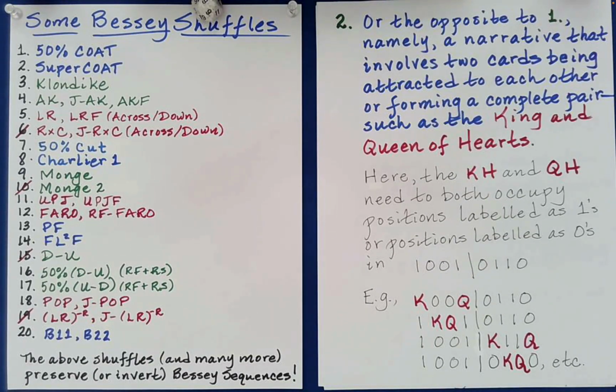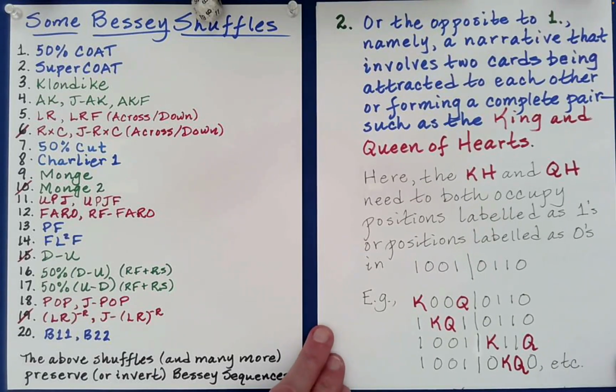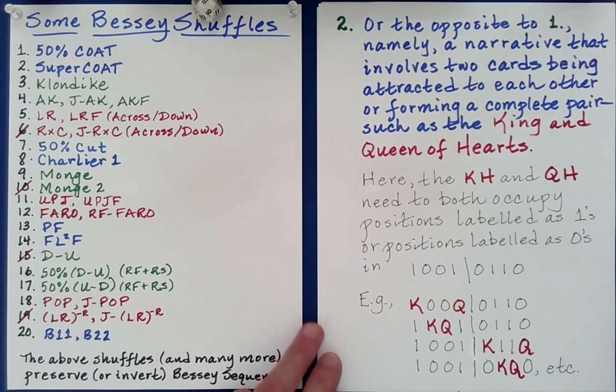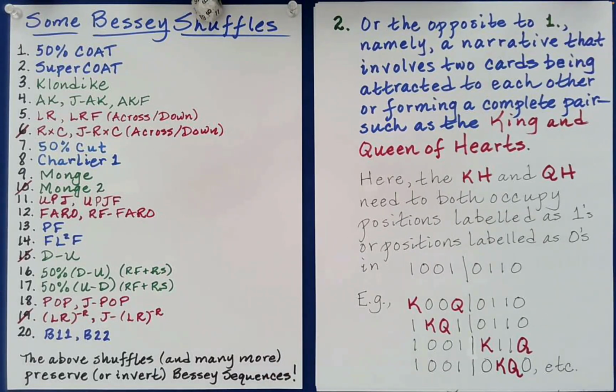Okay, so for this next one, it's essentially the opposite of what we just did. So just think about what the opposite would be. What we just did in the previous section is we started out with cards together, and then we separated them into different piles of 4 cards each. Well, here the narrative could be that these two cards, despite what you do with randomization of the packet, just always seem to come back together in the same pile.